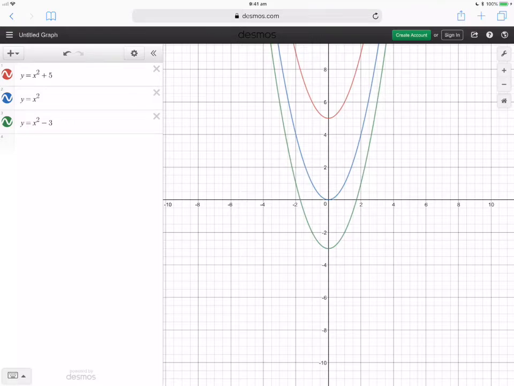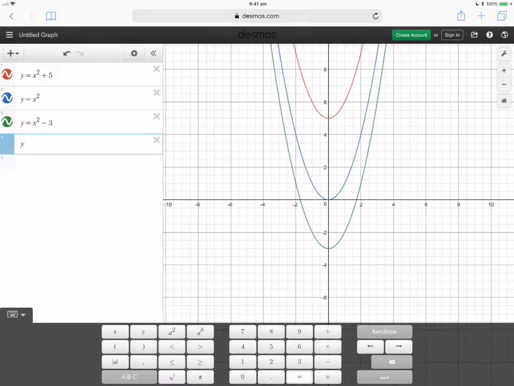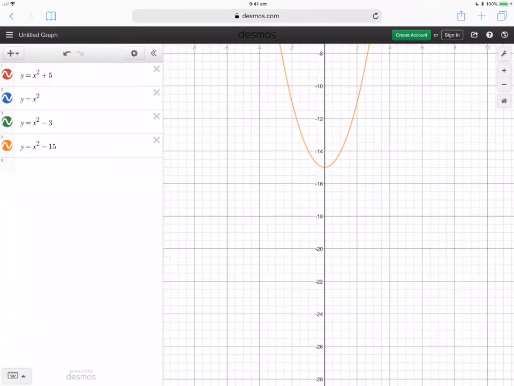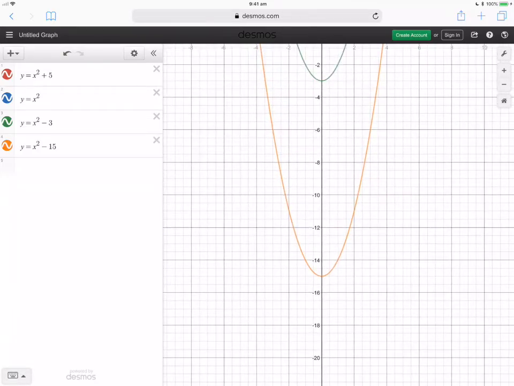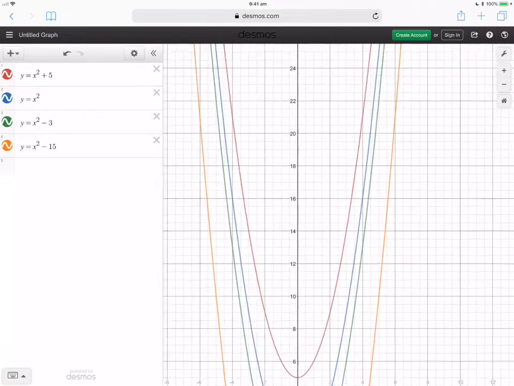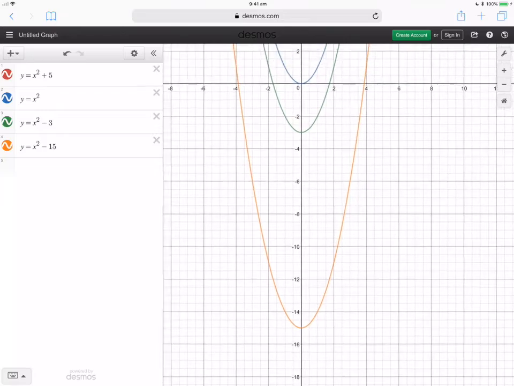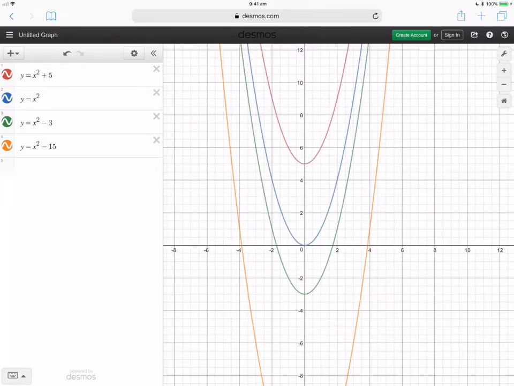And so that number on the end, the plus 5 or the minus 3, or y equals x squared minus 15, in each case, that number on the end is simply moving it up or down. Those parabolas are all the same shape, they've just got different vertical positions. They've been shifted up or down.